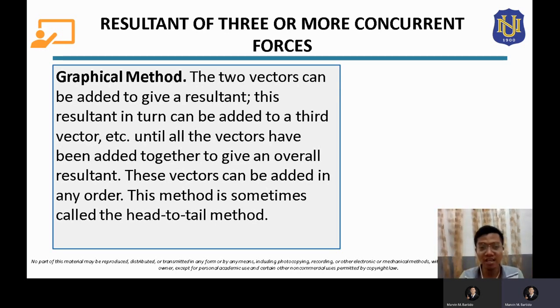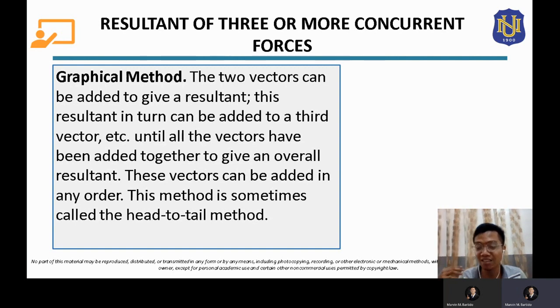This resultant, in turn, can be added to a third vector, etc., until all the vectors have been added together to give an overall resultant. These vectors can be added in any order. This method is sometimes called the head-to-tail method or the tip-to-tail method. Again, the triangle law that we have discussed is a graphical method.